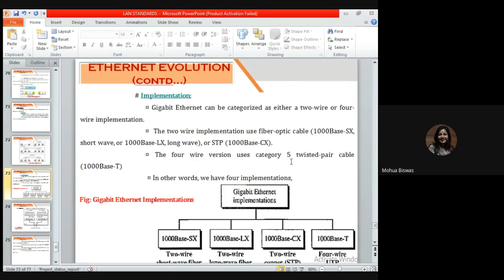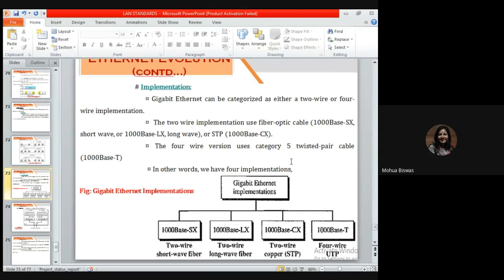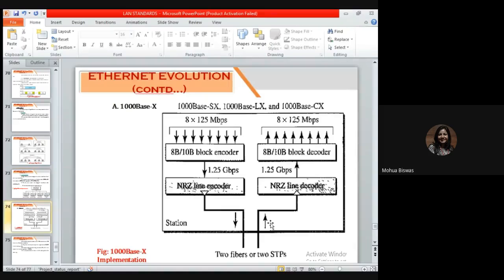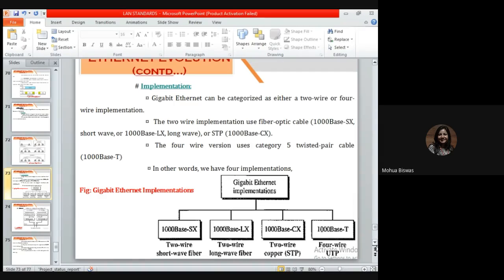Okay. These are the physical implementations of gigabit Ethernet, and they are characterized in two ways: either the 2-wire or 4-wire implementation.